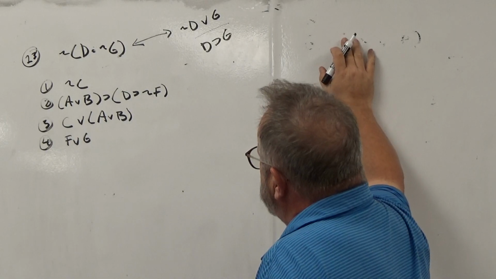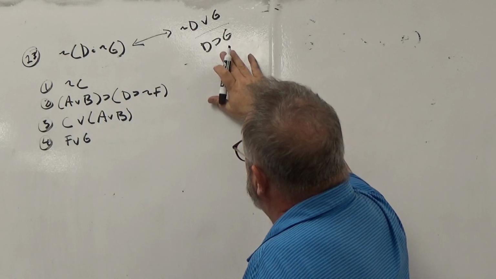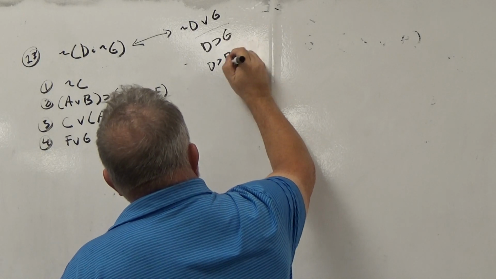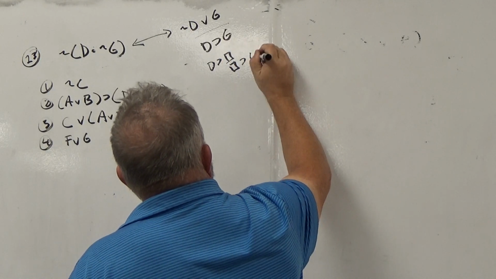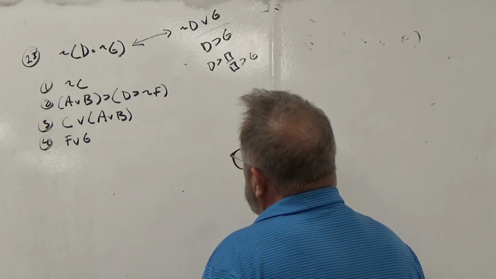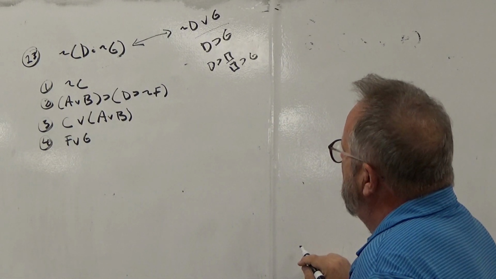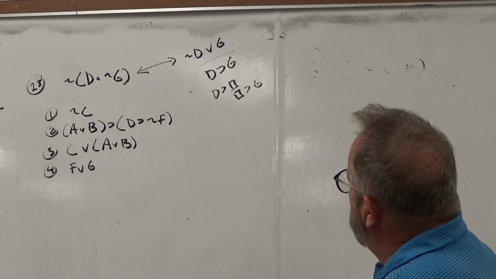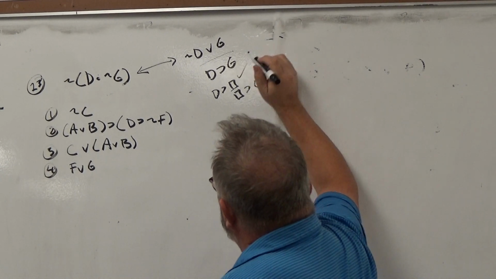So I think I can get to a D or a G because I can get a D then blank and a blank then G and put them together by hypothetical syllogism, okay? So let's go get a D then blank, okay?